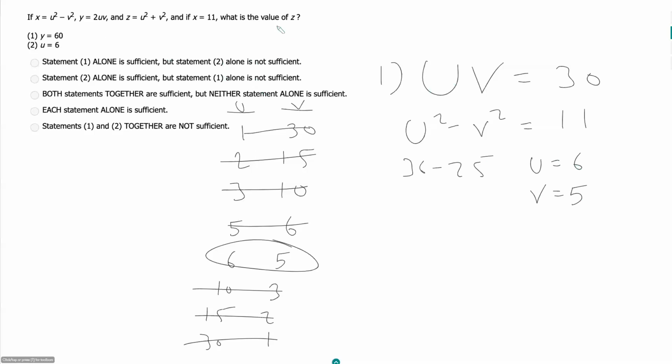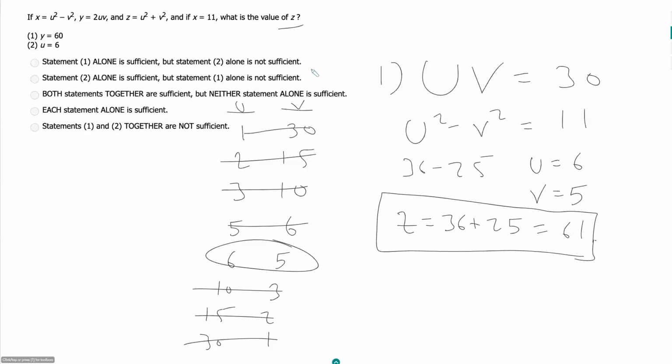And they're asking for z, so z would be equal to 36 plus 25, which is equal to 61. So the real point is, if they're asking for z, we really want to find u and v. So this statement actually is sufficient.